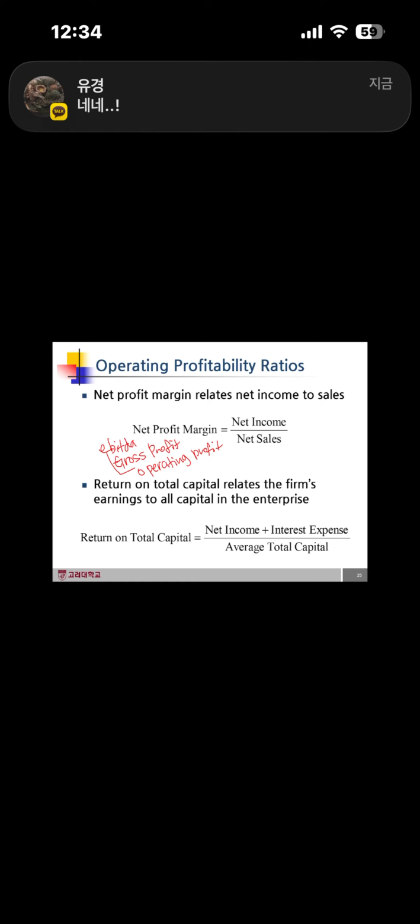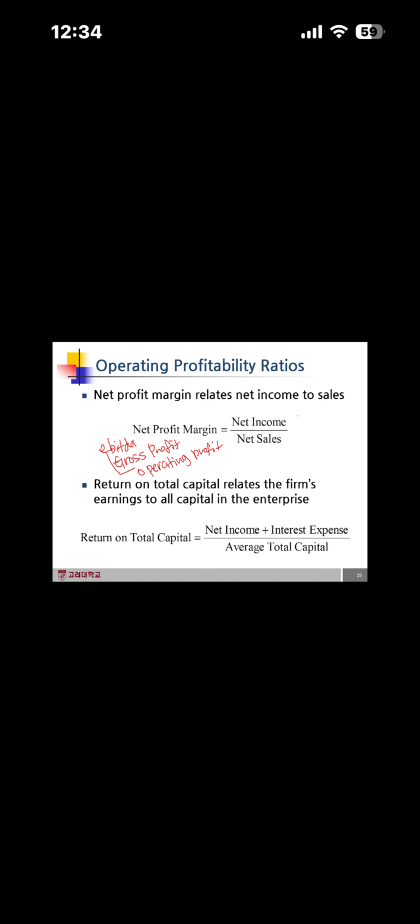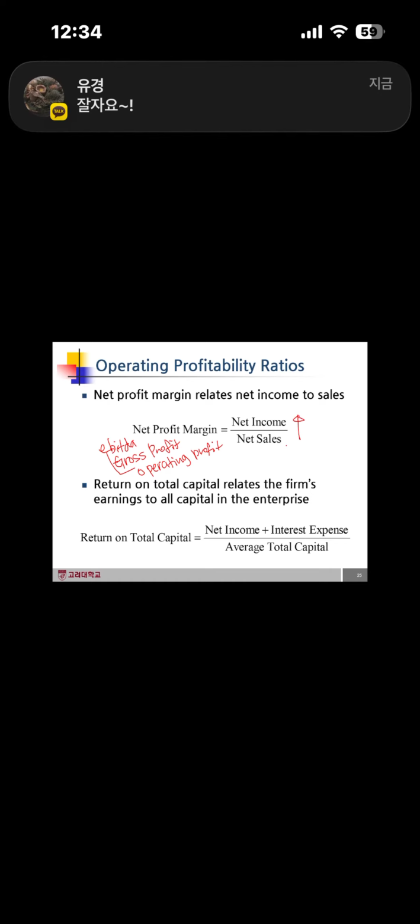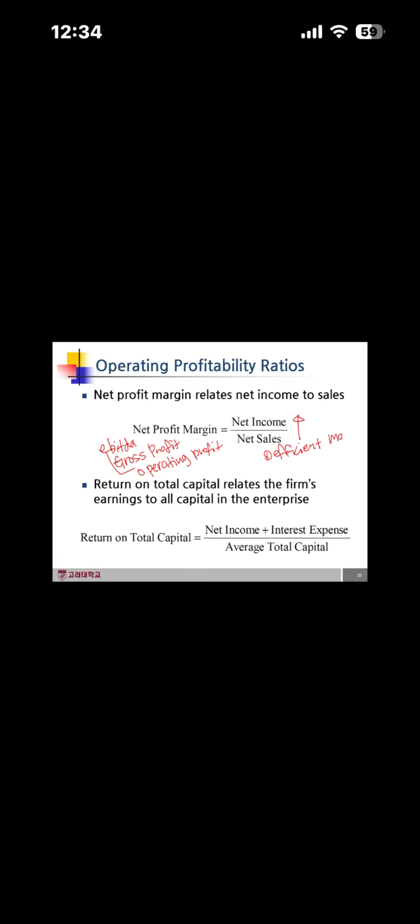Therefore, high profitability can result from efficient management, or a low cost, low expense, or a strong price policy.